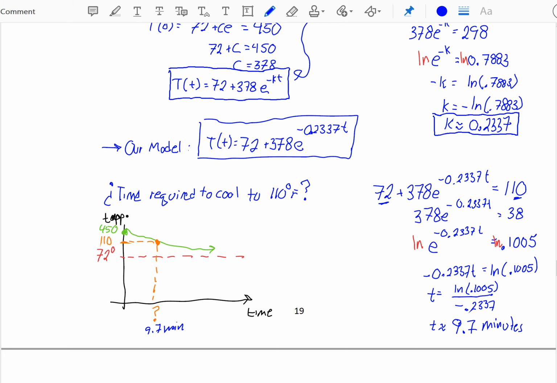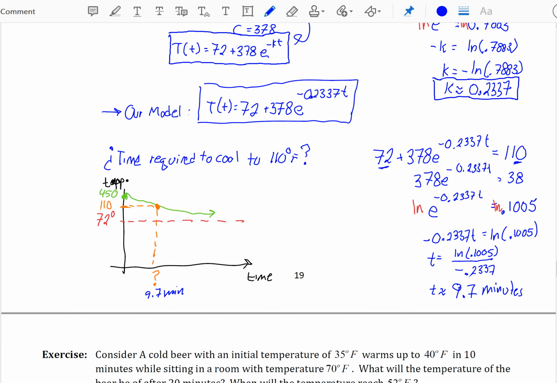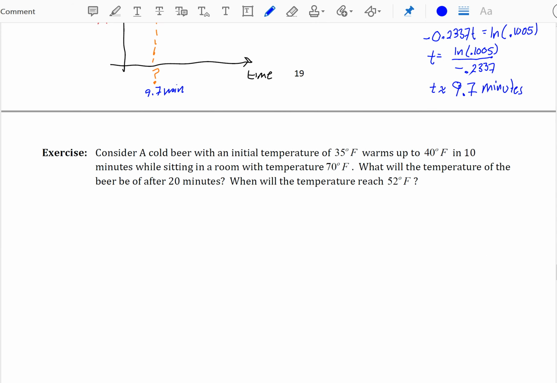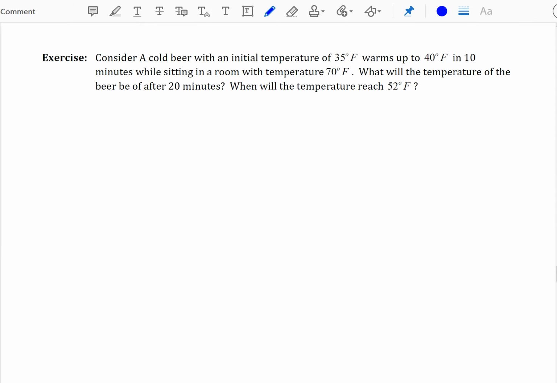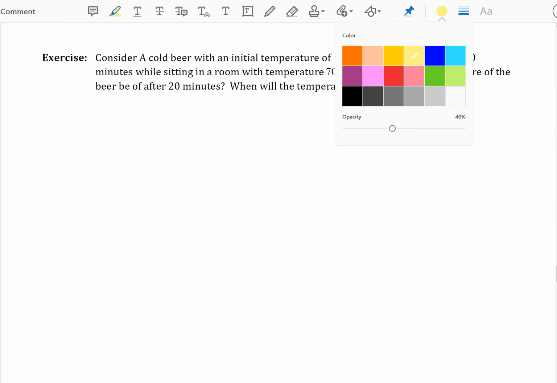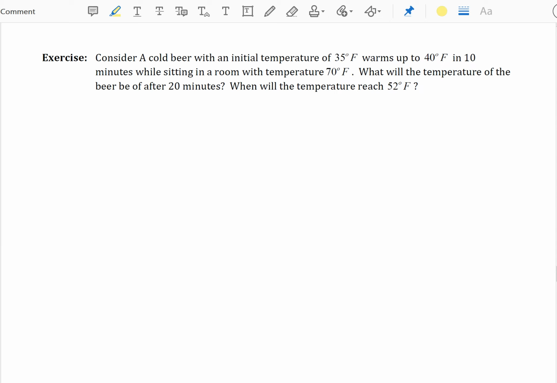Okay, I hope this is helpful. Let's look at another example. Now, what I would like you to do is take a moment to read this example on your own. Pause the video, and then I'd like you to work at writing the differential equation.